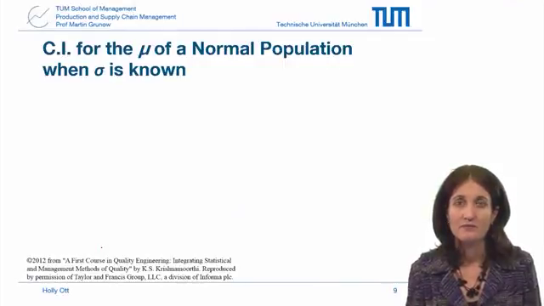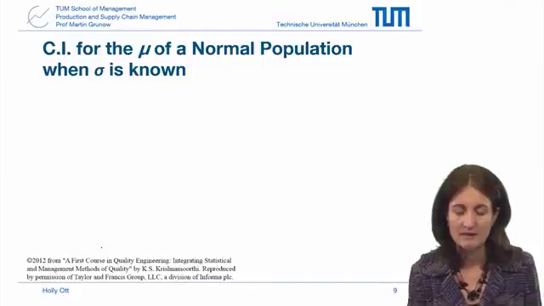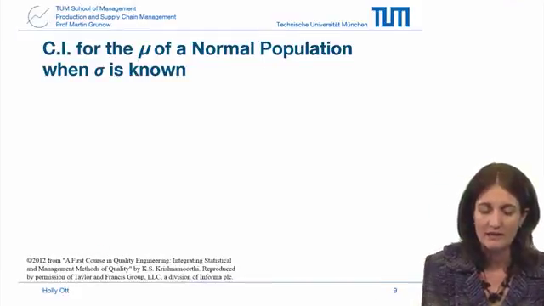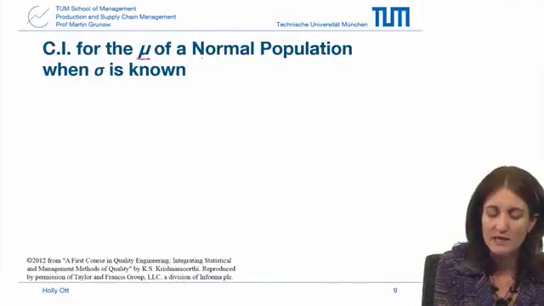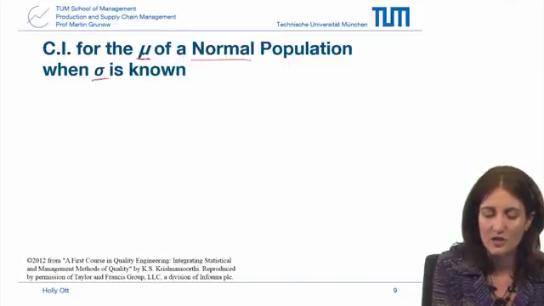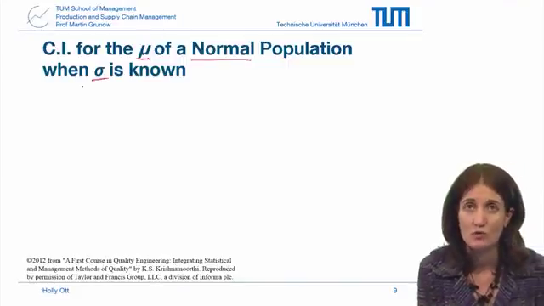So in this section, we're only going to look at the confidence interval for the mean of a normal population when sigma is known.